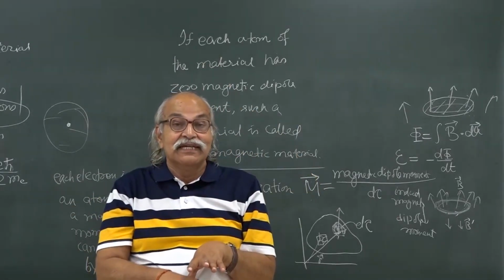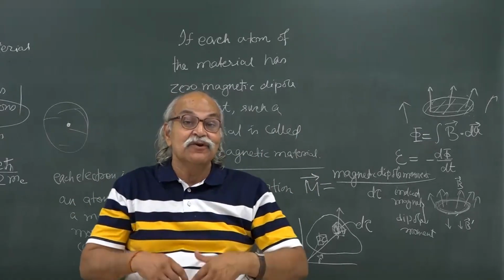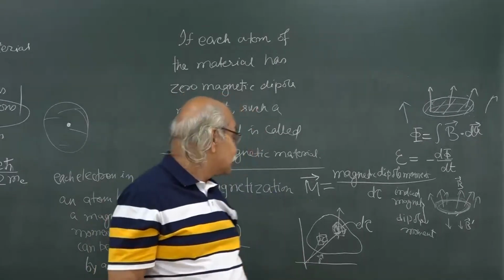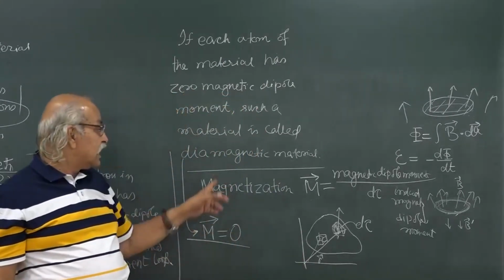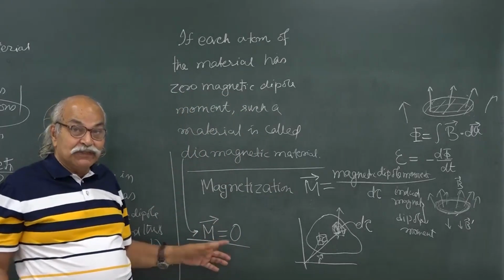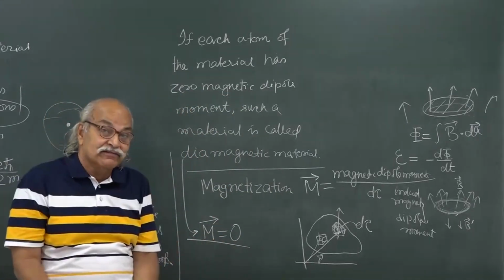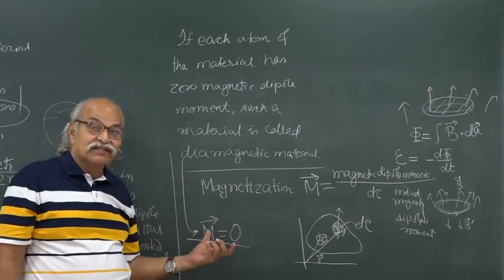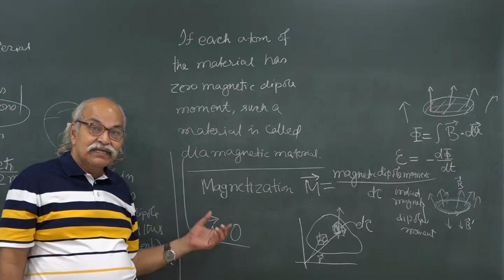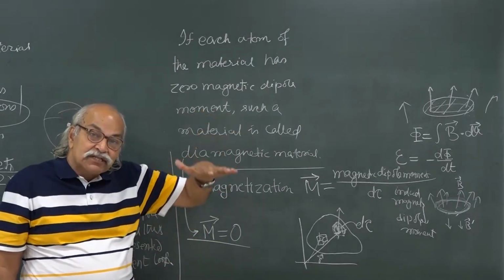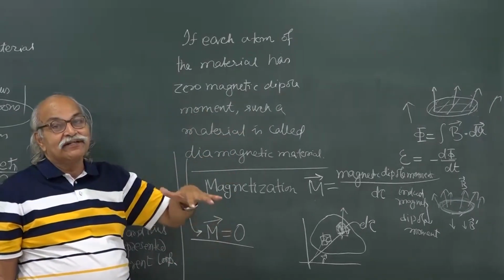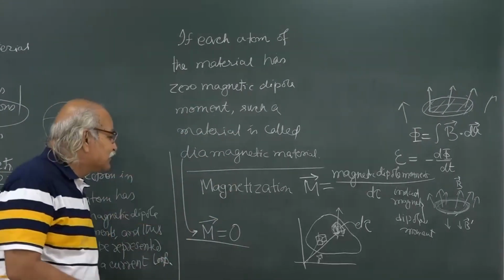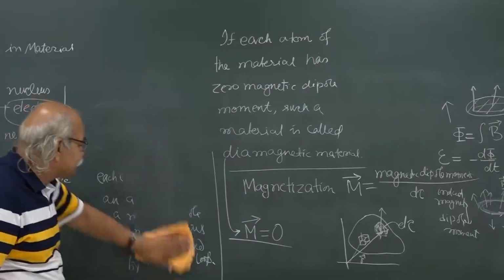So, that means a magnetization is now produced. There was no magnetization in the diamagnetic material, but if you put it in a magnetic field, then a magnetization will appear, and that magnetization will be in the direction opposite to the applied magnetic field.